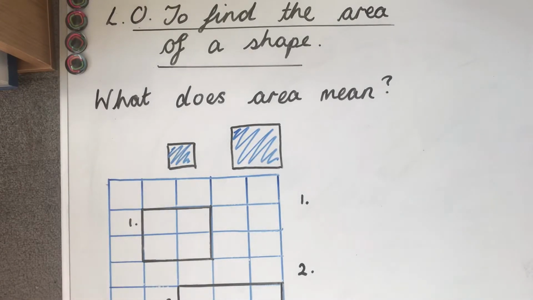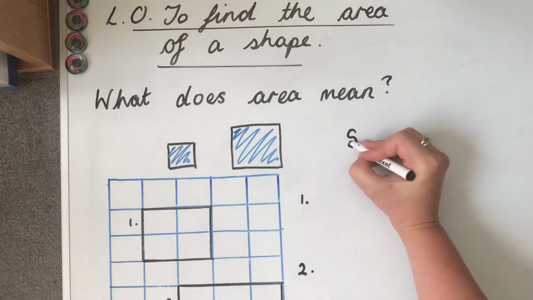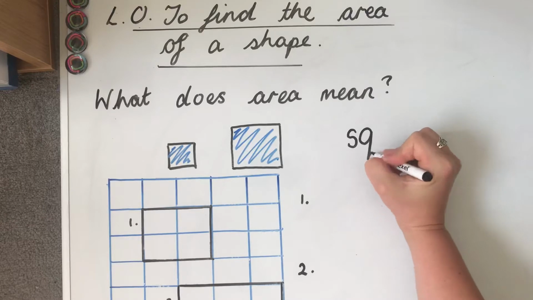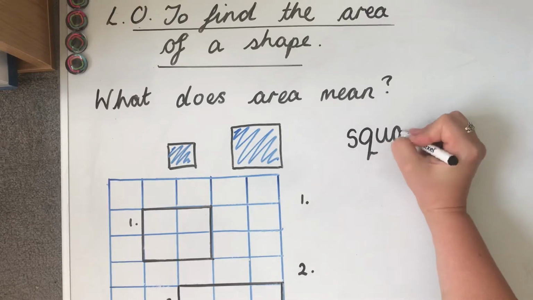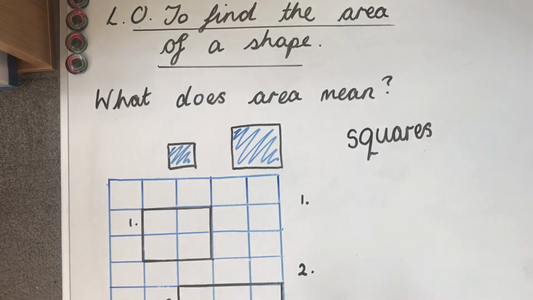And the way that we measure the area is to count how many squares it takes up. Okay, so if you look at these two shapes here, this first shape, we need to count the number of squares.